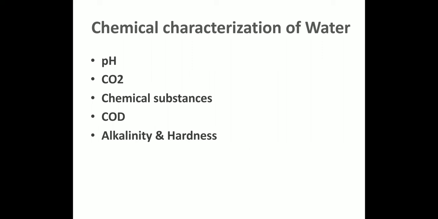Then the next point is chemical characterization of water. In chemical characterization of water, there are mainly 5 parameters. First one is pH, meaning alkalinity and acidity.